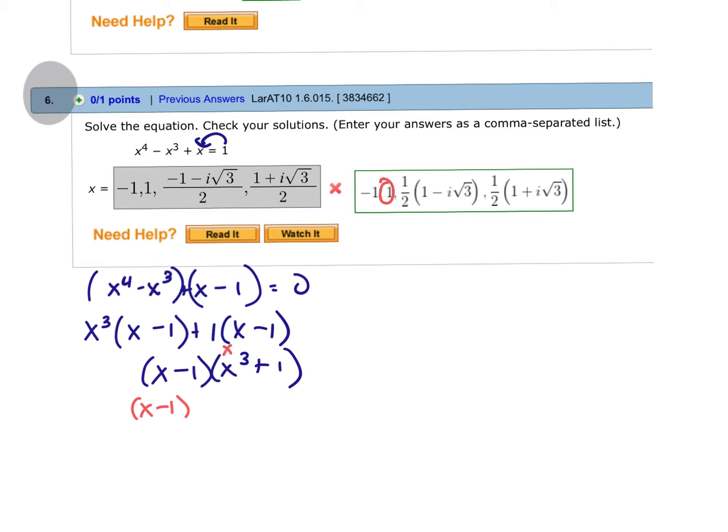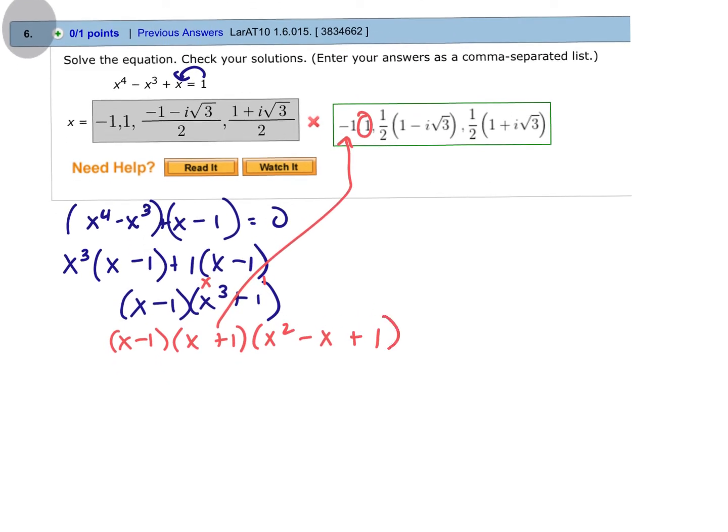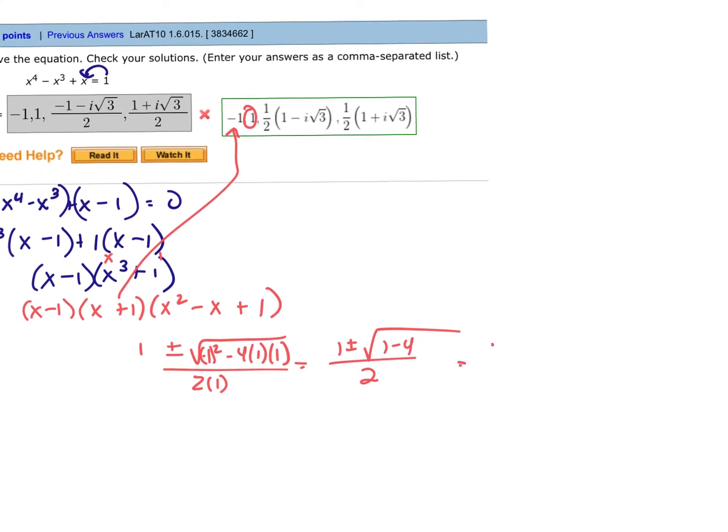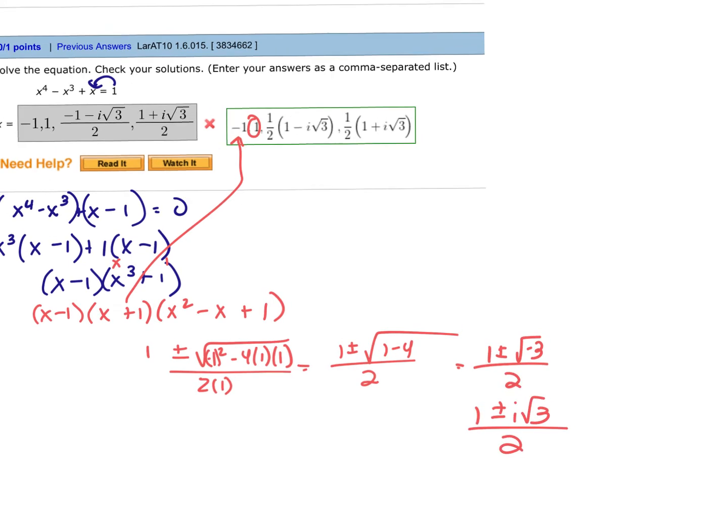And then this cube root, that would be x plus 1, x squared minus x plus 1. That's the negative 1. And then quadratic on this. Negative b plus and minus b squared minus 4 times a times c all over 2 times a. 1 minus 4. Negative 3, and that's 1 plus and minus i root 3 over 2, which are the other 2 solutions.